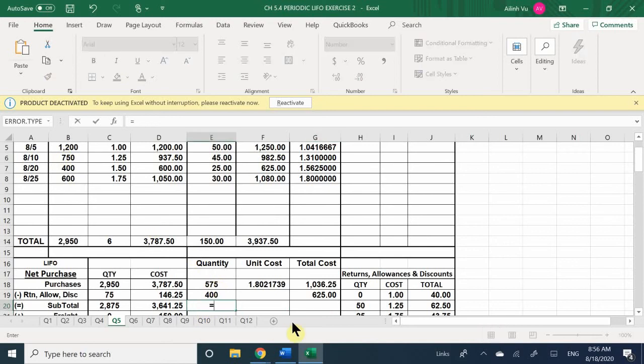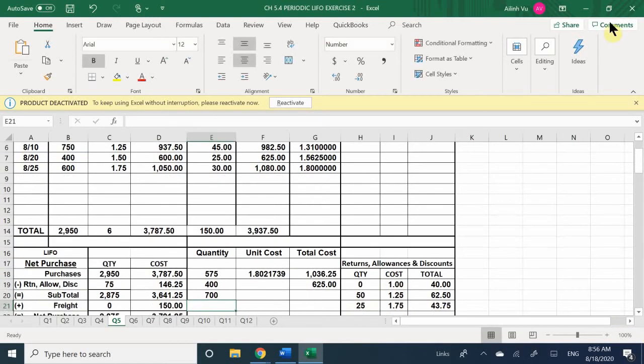All right. Now, did we still have 750 items in our inventory? No, we returned 50 from this batch. So what is 750 minus 50? 700 here.